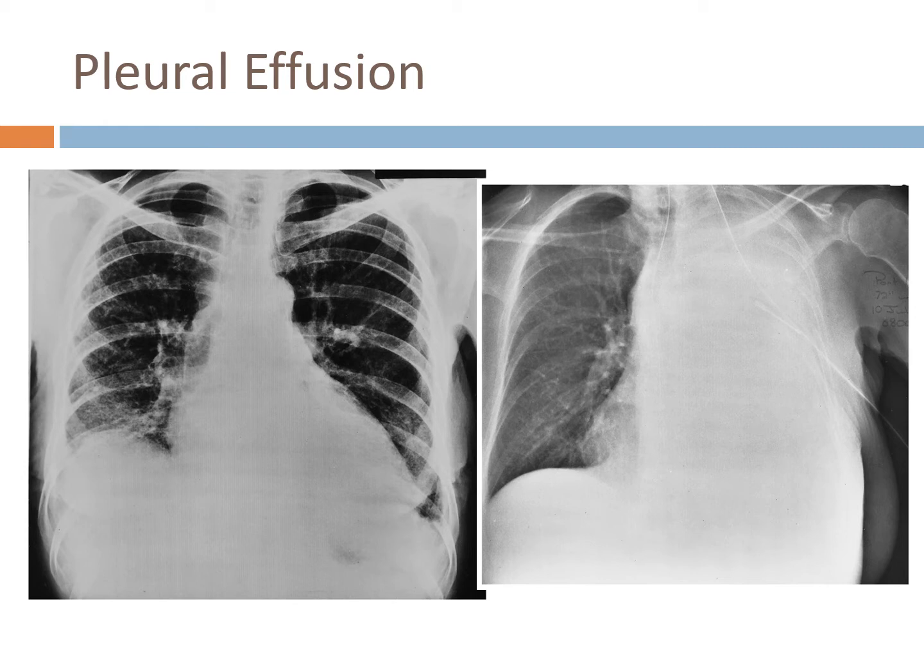Alright, just some other views where you can see here. I would say definitely on the right side, maybe not on the left, it would probably be a good idea to do a lateral film on the image on the left, and then obviously on the right image the left lung would be a total whiteout.